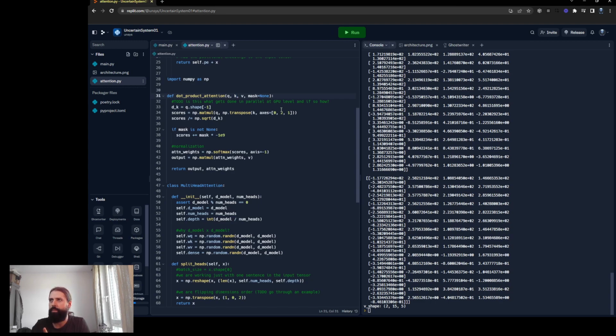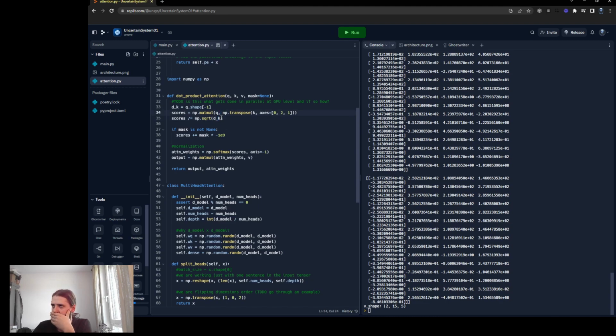But if we're doing it like this, then what does it mean? What we've done is we've split our word representations into multiple different projections. What we're comparing is these projections, right? We're comparing the Q projection with a K projection, and then multiplying it by the V projection.